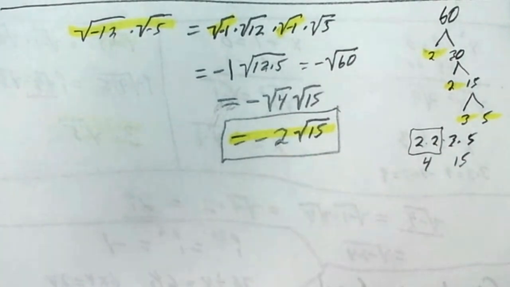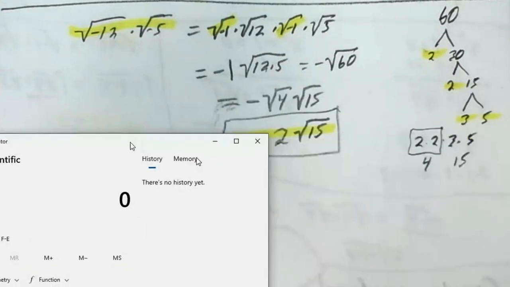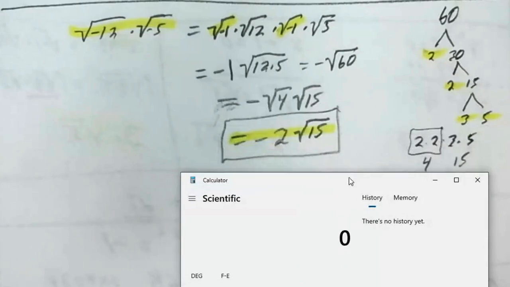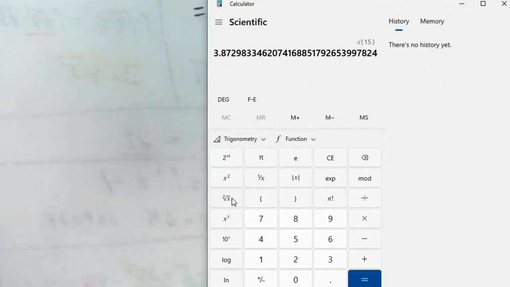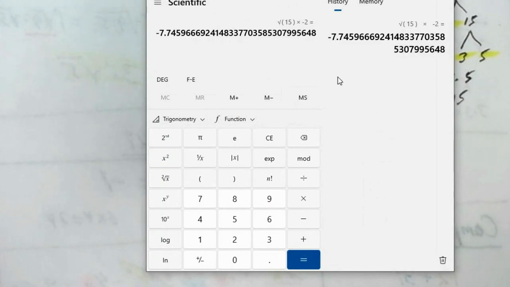You want to see what that number is? Let's check it out because it is a real number. So let's put it up here on our screen. Okay, so it's negative 2 times the square root of 15. The square root of 15, and we're taking it times negative 2. So that's what that number is: negative 7.74596669241.